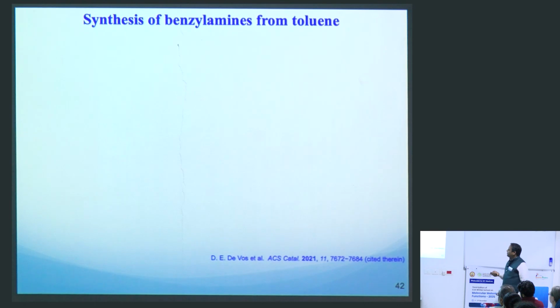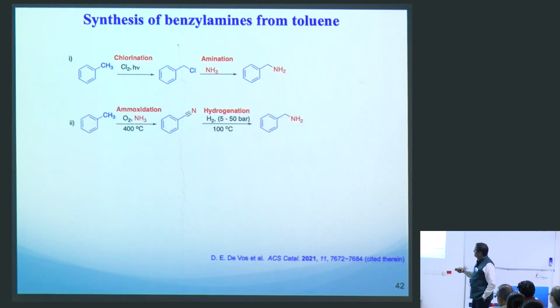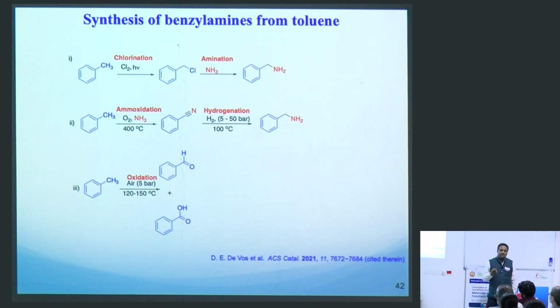Then if you look at the literature, there are a few methods: chlorination followed by amination, or oxidation, where oxygen is added, followed by nitrile formation at 400 degrees Celsius, and then followed by hydrogenation conditions. Or one can oxidize the toluene under a strong oxidizing agent to convert it into benzaldehyde.